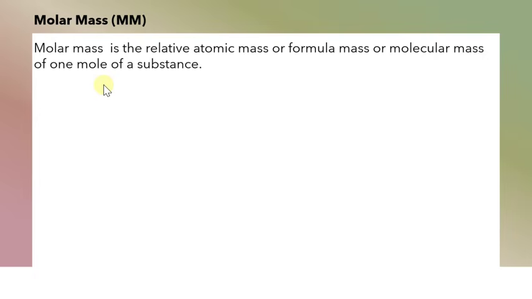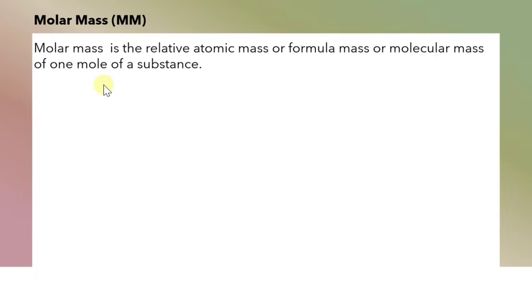So if you have 1 mole of an atom, then the relative atomic mass of that atom in 1 mole is going to be called molar mass. Or if you have 1 mole of an ionic compound, then the relative formula mass of that 1 mole of that ionic compound is the one that will be called molar mass.